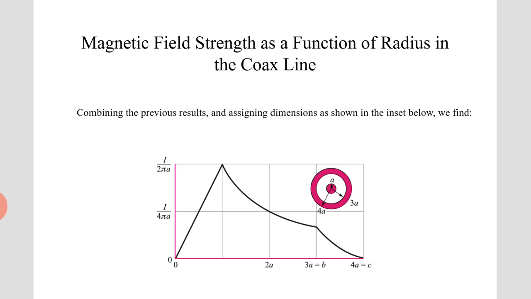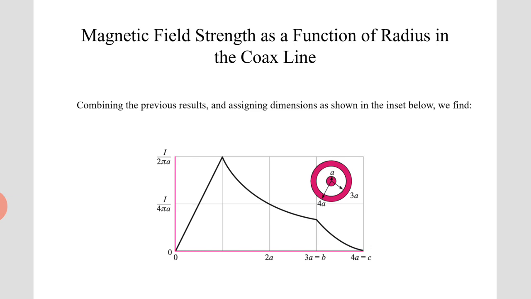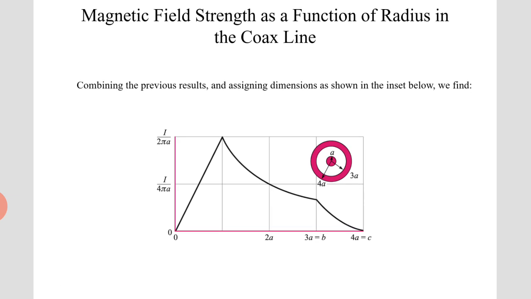Combining the previous results and assigning the dimensions as shown in the figure, we find the magnetic field strength as a function of radius in the coaxial cable. The magnetic field depends on the value of the radius.